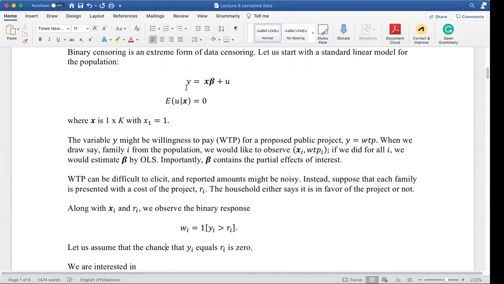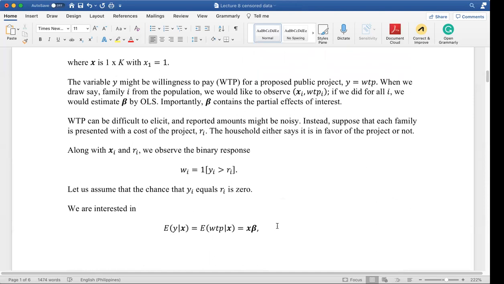So we do not observe y, the actual willingness to pay, but what we observe is w sub i, which can be 1 or 0, as a result of this indicator function: whether his willingness to pay is higher or lower than the cost of the project r sub i presented to family i.